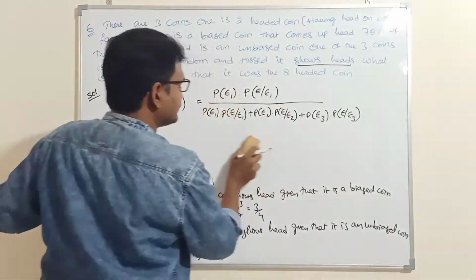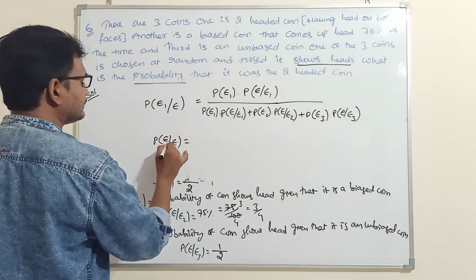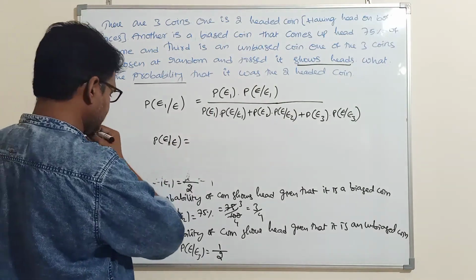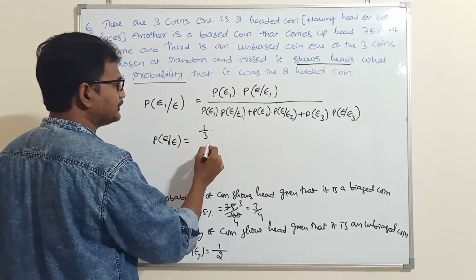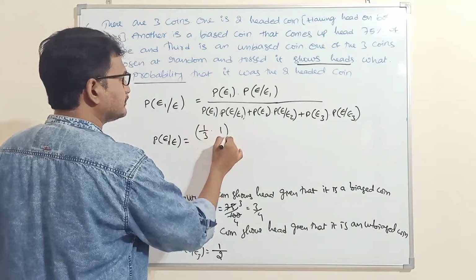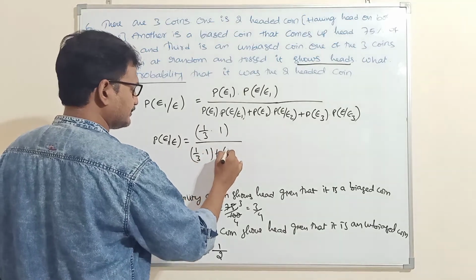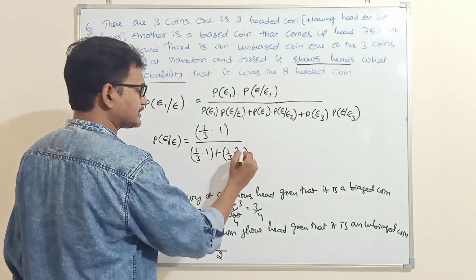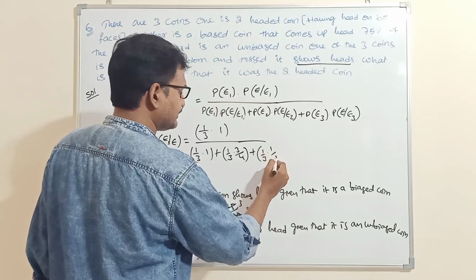Now substitute the values here. P of E1 given E is equal to P of E1 into P of E given E1, which is 1, so 1 by 3 into 1, plus 1 by 3 into P of E given E2, which is 3 by 4, plus 1 by 3 into 1 by 2.